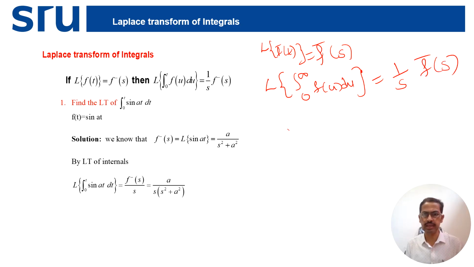This is the integral formula. Just calculate the Laplace transform of f of t, that is f bar of s, and divide by s. So this is the integral Laplace transform.